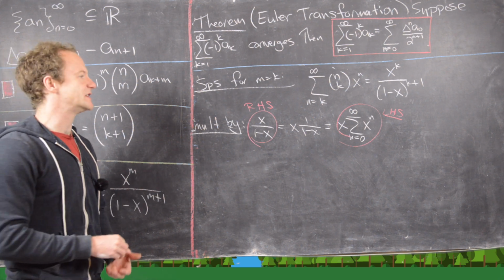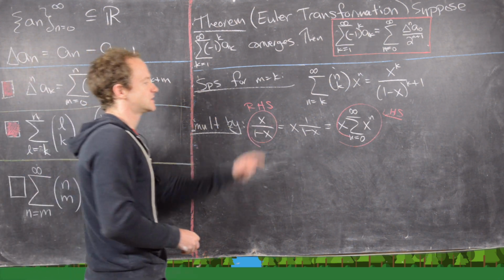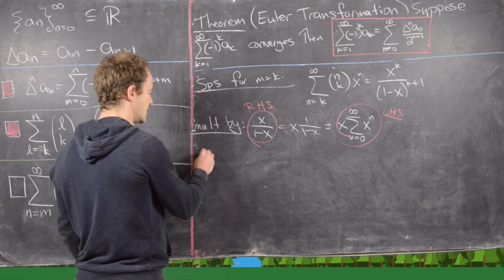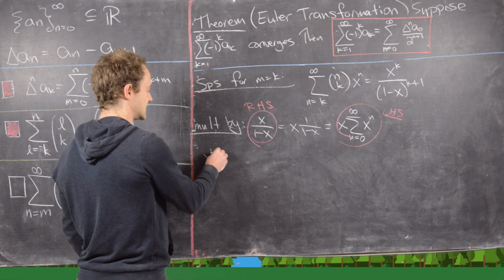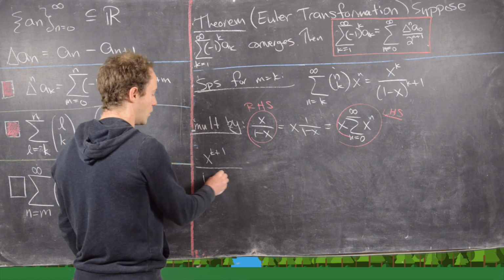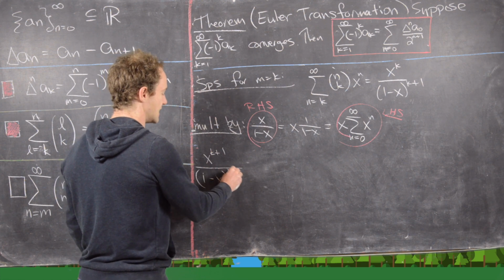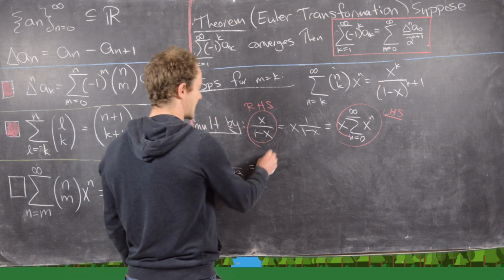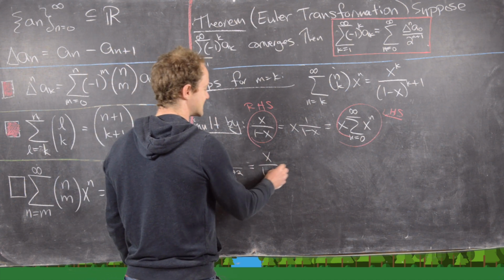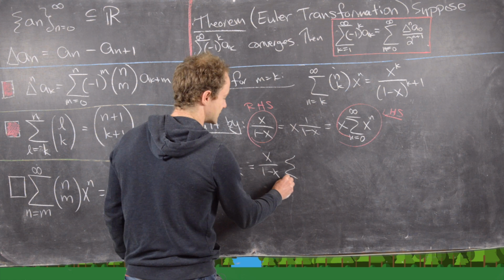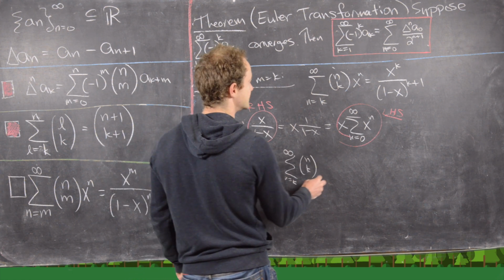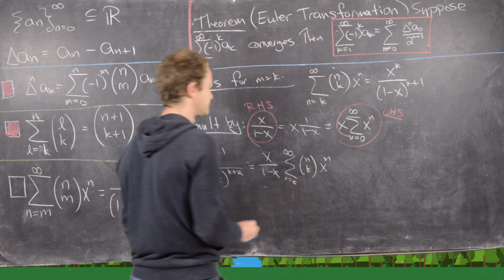Okay, so let's see what that gives us. If I take this and multiply it to the right-hand side of the equation, that's going to give me x to the k plus 1 over 1 minus x to the k plus 2. But that's the same thing as x over 1 minus x times the sum n equals k to infinity of n choose k, x to the n.